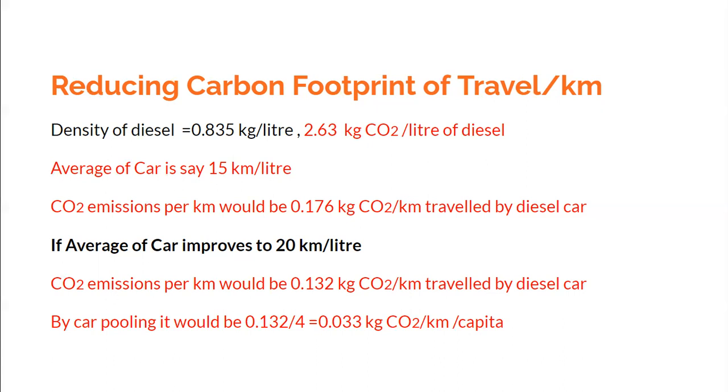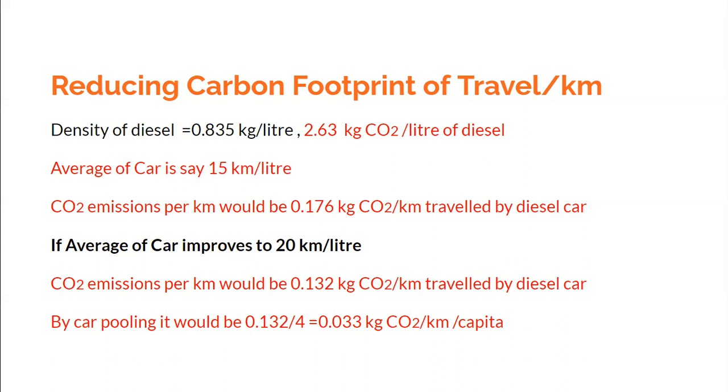Let us say that one purchases a fuel efficient car whose mileage or average is 20 kilometers per liter. So with the mileage of 20 kilometers per liter, how would the carbon footprint be reduced? If you do the same calculations, considering 2.63 kgs of CO2 for every liter of diesel, 2.63 divided by 20 would be 0.132 kgs of CO2 for every kilometer traveled by a diesel car.